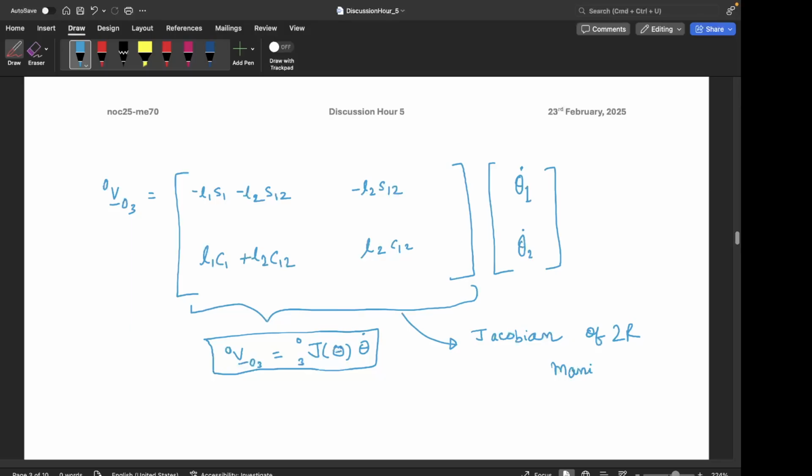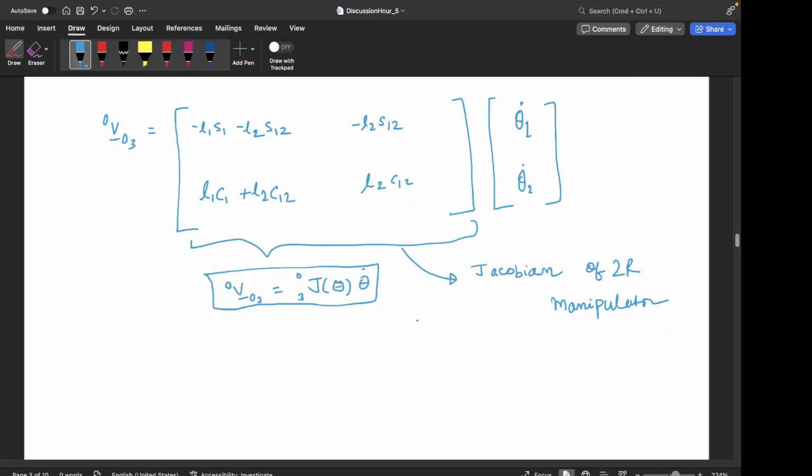And a Jacobian can be computed for any mechanism. One very important point is that the Jacobian is frame dependent. Let's say the same theta dot remains the same.